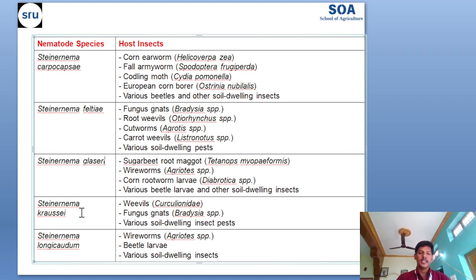Next species is Steinernema kraussei. It is effective against weevils, fungus gnat, and various soil-dwelling insect pests. Next species is Steinernema longicaudum, which is effective against wireworm, beetle larvae, and various soil-dwelling insects.